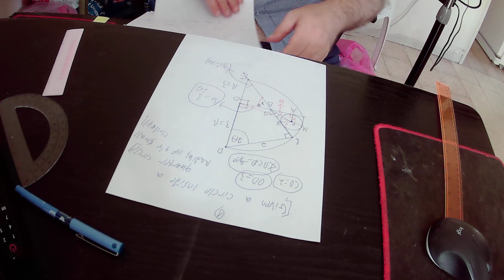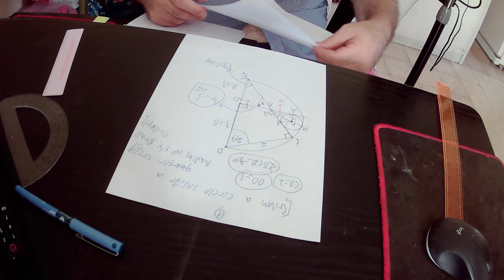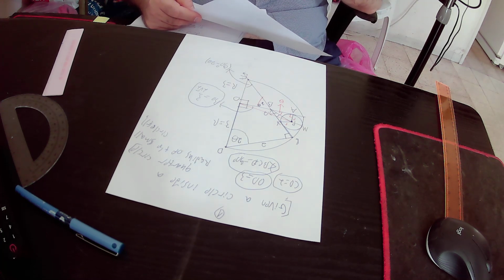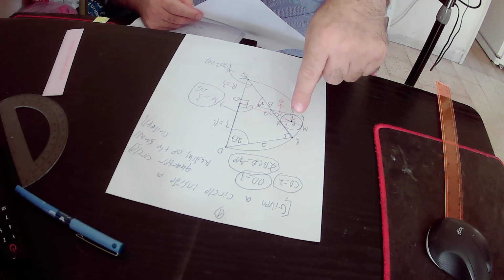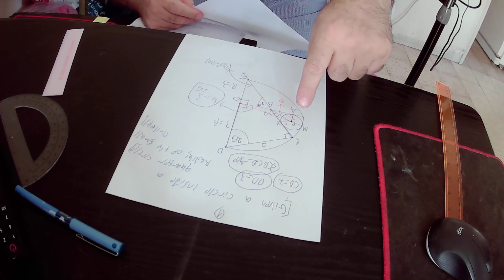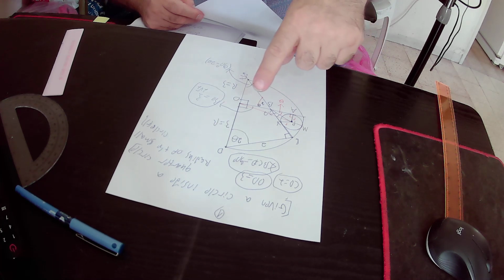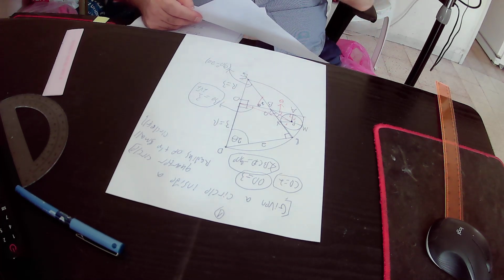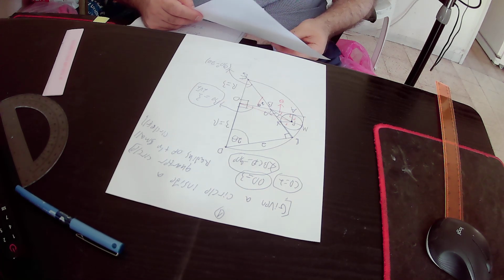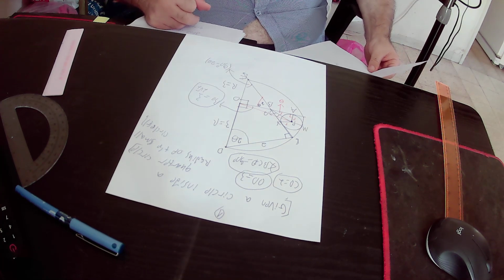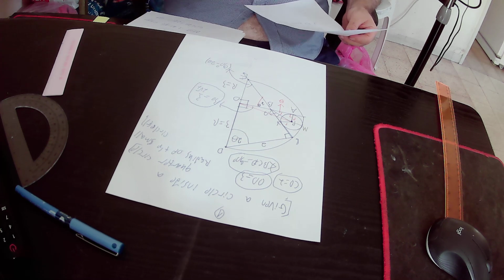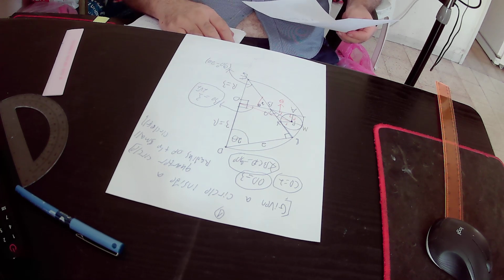We have a rule that states that any peripheral angle that equals 90 degrees rests on the diameter of the circle. So peripheral angle BCD, or peripheral angle ECD, rests on ED. Therefore ED is the diameter of the semicircle, and the diameter of the semicircle equals 2 times the radius of the circle.